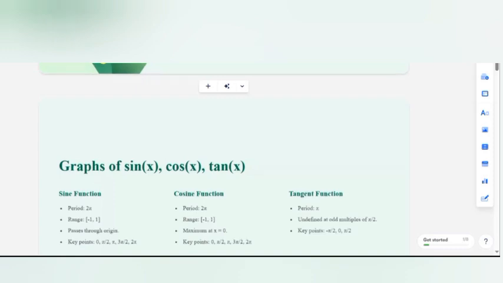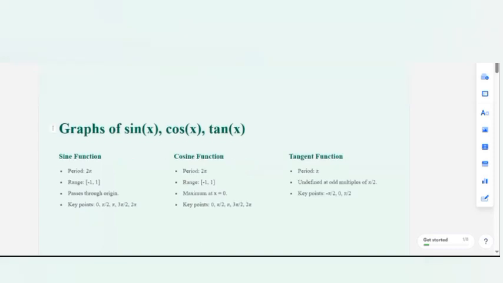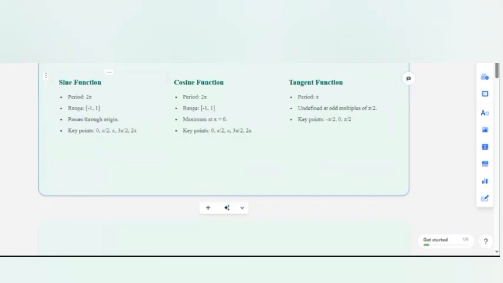Now we're going to be leveraging that knowledge and the knowledge of sets and other topics that we've covered in these lecture series in order to look at the graphical representations of sine, cosine, and tangent functions. For short, we're just going to be calling them sine, cos, and tan. These are the shorthand representations for these trigonometric functions, right? So first of all, the graph of sine x.